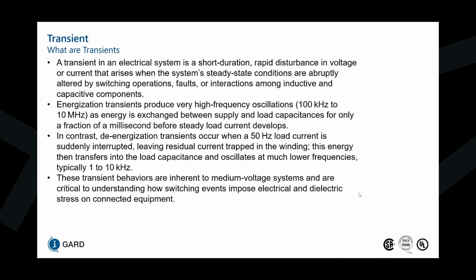This energy then transfers into the load capacitance and oscillates at much lower frequencies, typically between 1 to 10 kilohertz. So these transient behaviors are inherent to medium voltage systems and are critical to understanding how switching events impose electrical and dielectric stress on connected equipment.